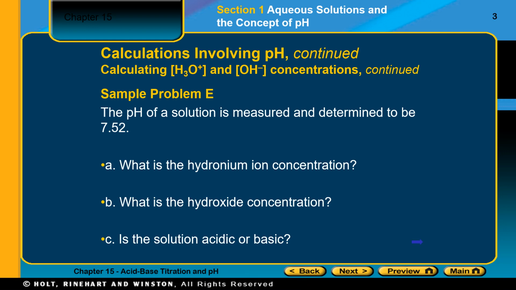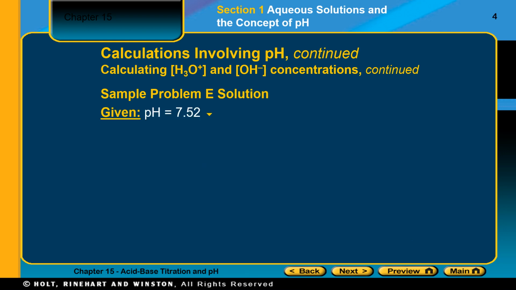And then at the very end, we're going to determine from those concentrations whether the solution is acidic or basic. So we've been given that the pH is 7.52, and we're first going to figure out the hydronium ion concentration, the hydroxide ion concentration, and then is it acidic or basic.